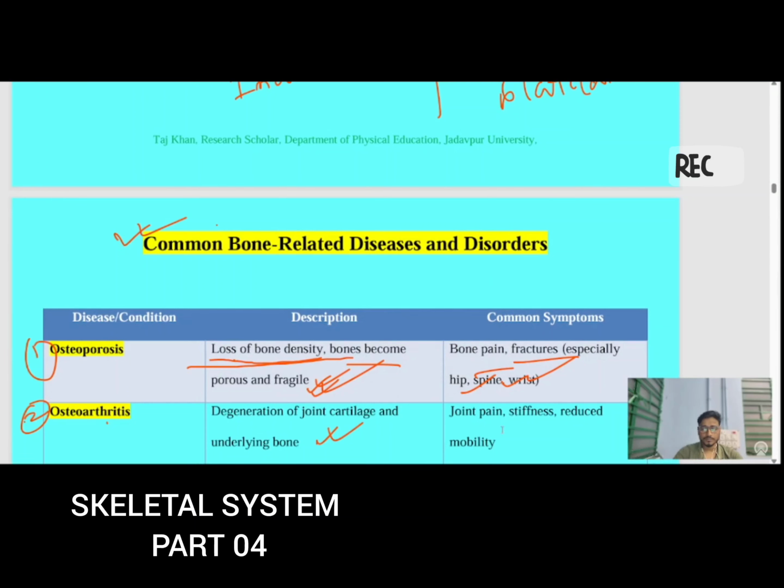After discussion about the types of bone marrow and classification of the bone, now we will discuss the common bone related diseases and disorders, because some questions come from here in our examination. So, we have to read out all those diseases that are very common.